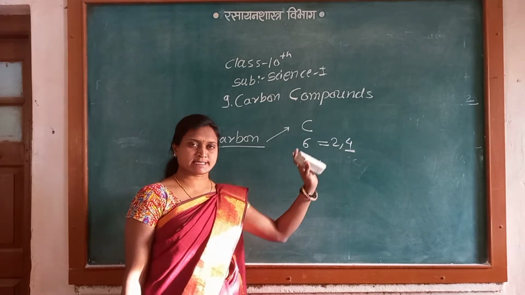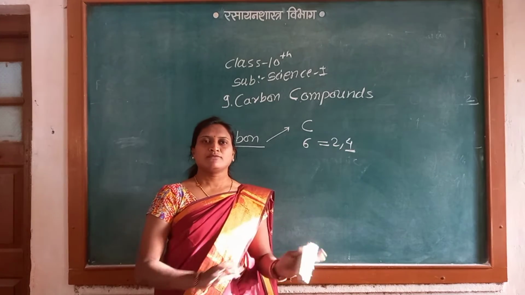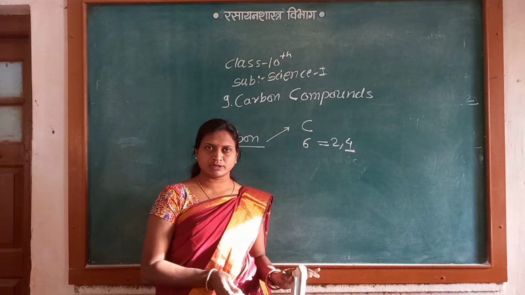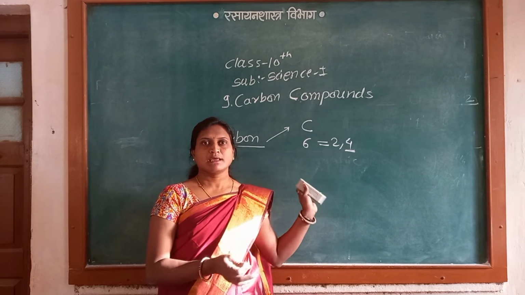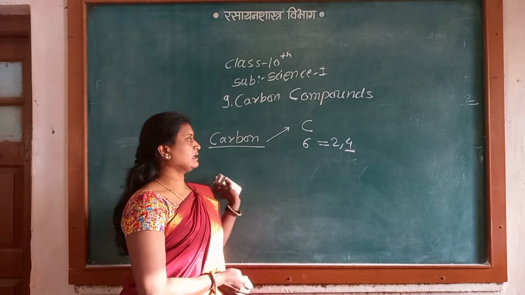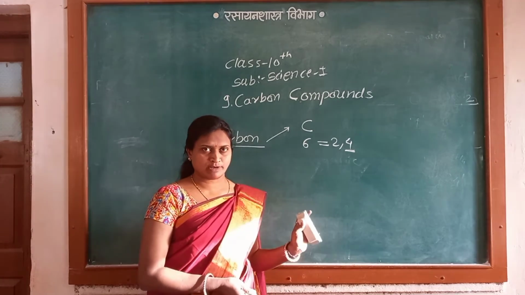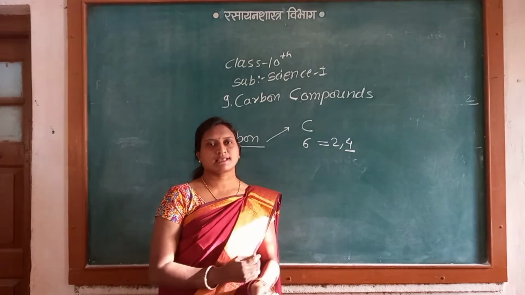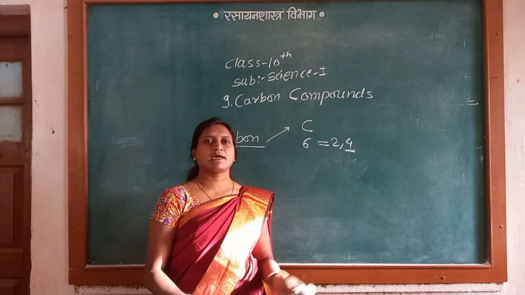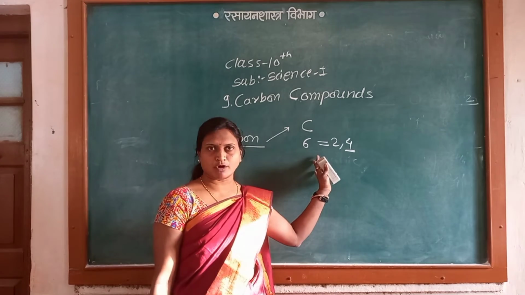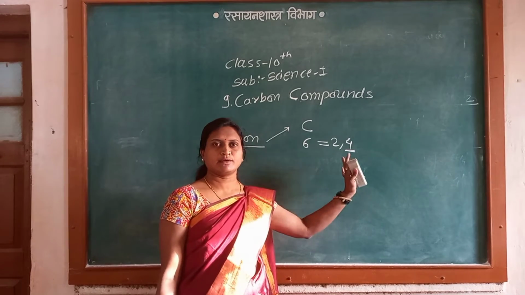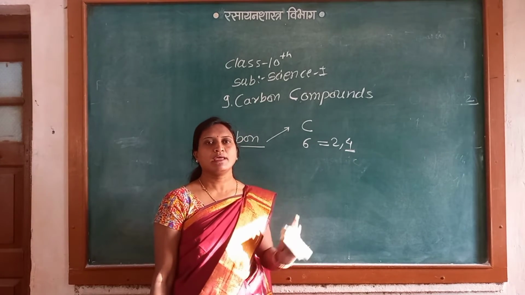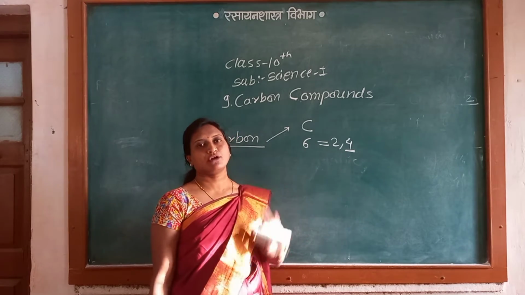It has choices. It can donate the 4 electrons and behave like helium, or it can accept 4 electrons and behave like neon. Thus it can behave like inert gases by donation and acceptance of electrons. But both ways are too difficult. That's why most of the compounds formed by carbon are formed with covalent bonds, and covalent bonds are chemical bonds formed by sharing of electrons.